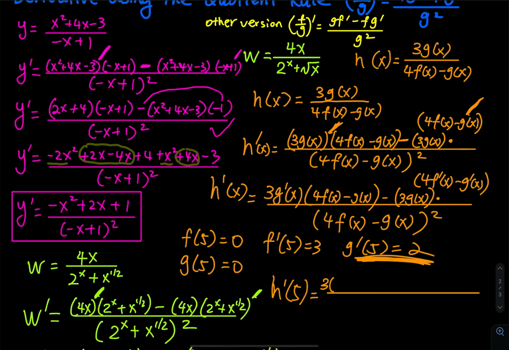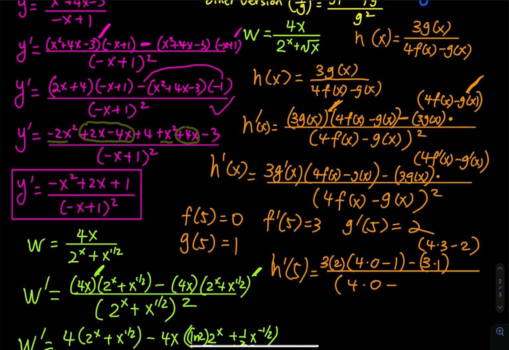Let g of phi be 1. So g of phi equals 1, and then minus 3 times g of phi, which equals 1. Let's put this in parentheses, and then on top you have 4 times f prime of phi, so that is 4 times 3 minus 2. Then the denominator is 4 times f of phi, which is 0, minus g of phi, which is 1, and then square.